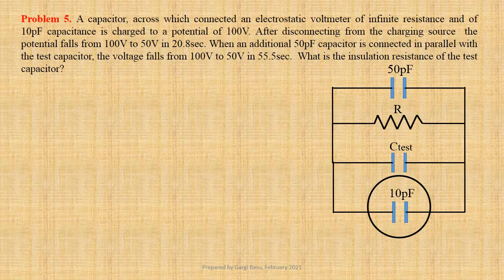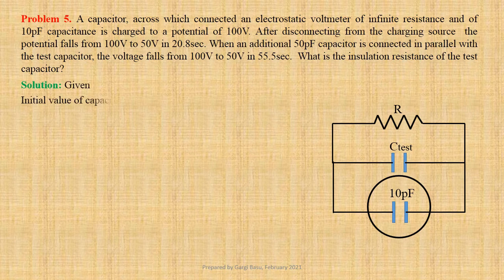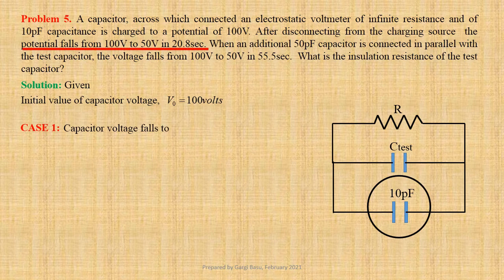Let us jot down the data given. Initial value of capacitor voltage V0 equals 100 volts. Case 1. Capacitor voltage falls to V1 equals 50 volts in T1 equals 20.8 seconds.